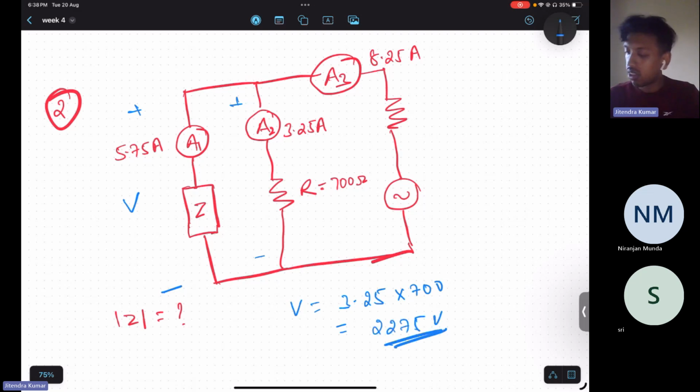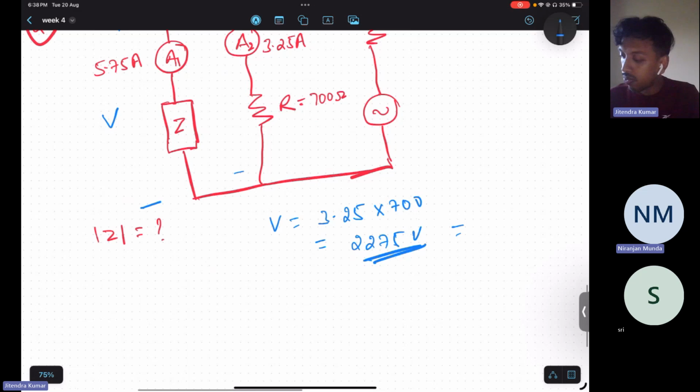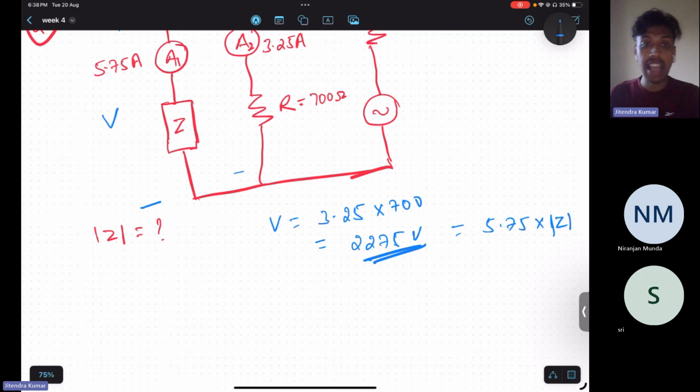So it is 2275 volt. If this voltage is given, then we can also calculate Z. V is equal to 5.75 into mod of Z. Mind it, it's the amplitude of impedance.